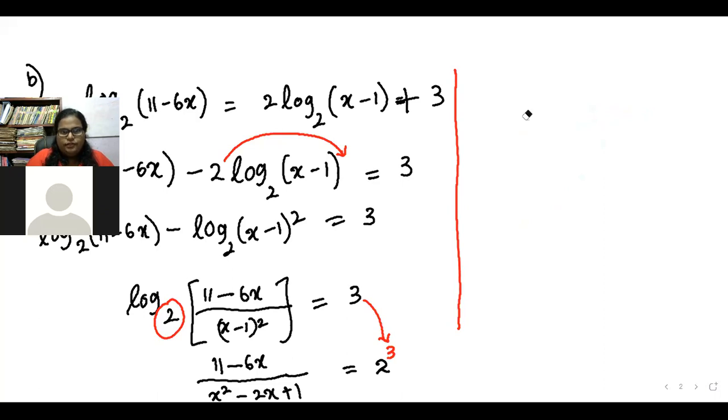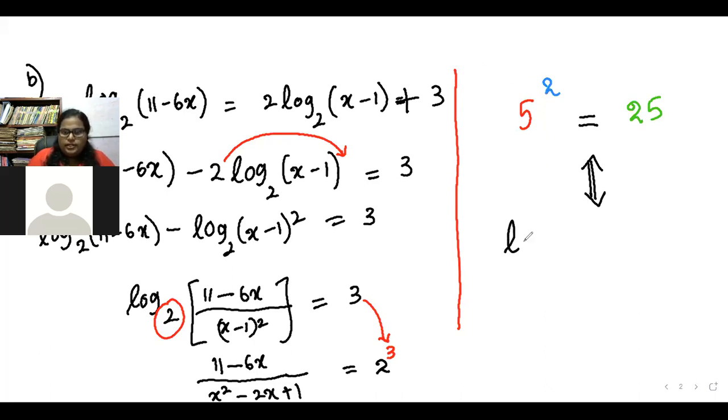If you write this as 5, and 5 squared is equal to 25. So when you are converting this into log form, it is a two-sided thing. That means you can convert this exponential form to log form as well, and you can convert this log form into exponential form as well, right?